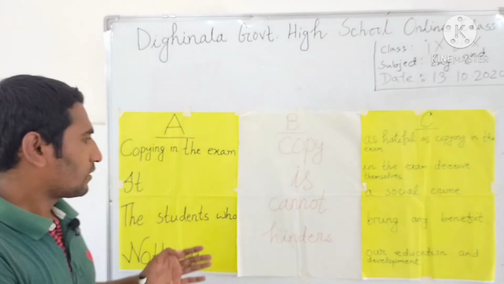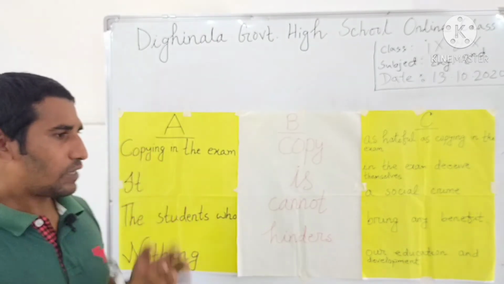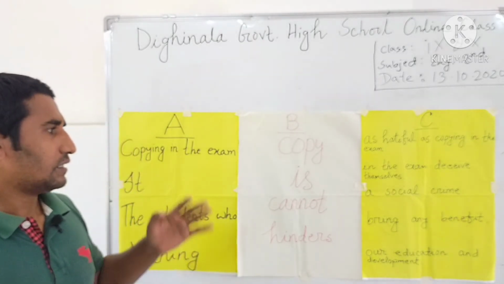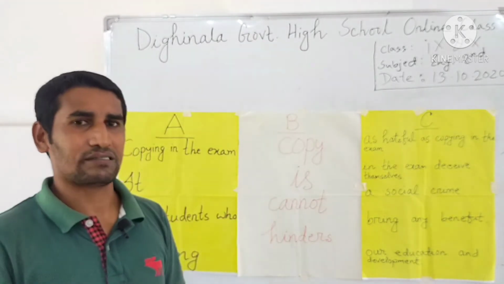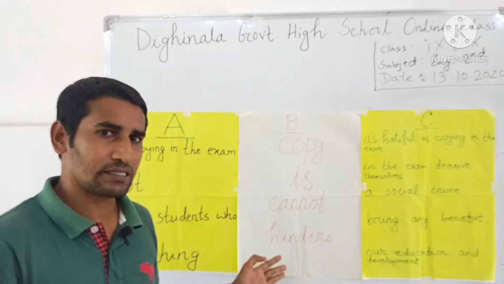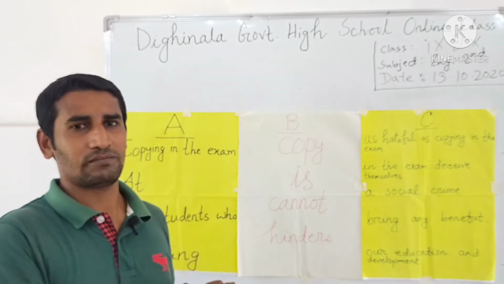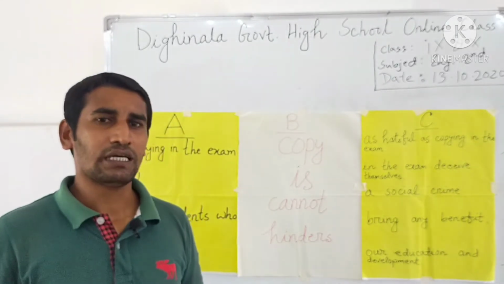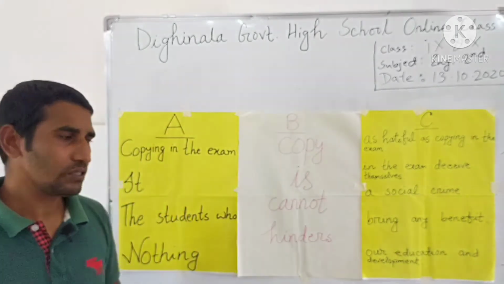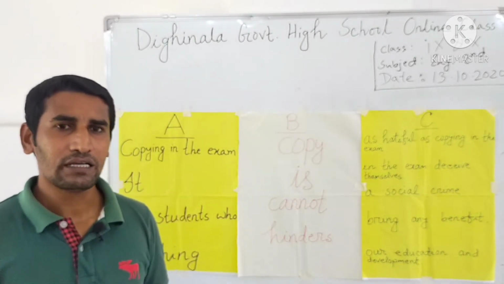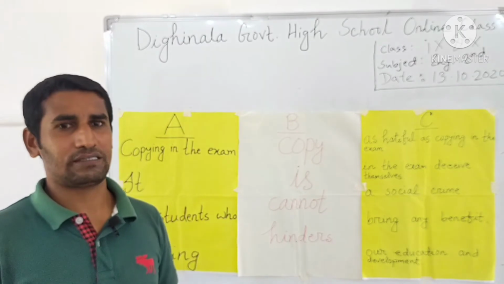Okay, so I want to tell you one thing again, that you have to have the ideas, you have to have the Bengali meaning of the given ideas in the table. And I can assure you, in the public examination, in the institution examination, you will be given the known ideas, you will be given the familiar ideas.